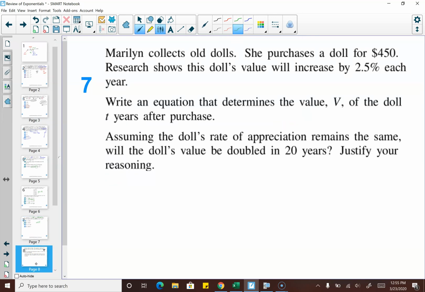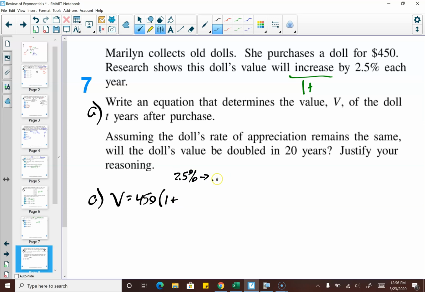Marilyn collects old dolls. She purchased a doll for $450. Research shows that this doll's value will increase, so we know we are 1 plus 2.5% each year. Write an equation that determines the value V of the doll t years after the purchase. So if we do that, V equals our starting value of the doll, $450, times 1 plus now 2.5%.